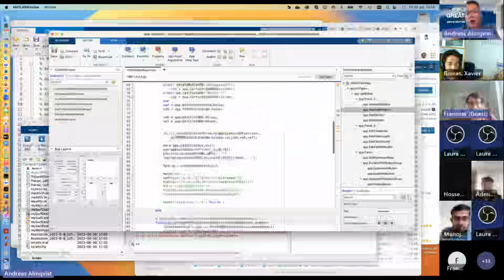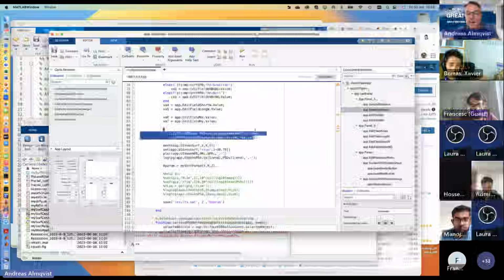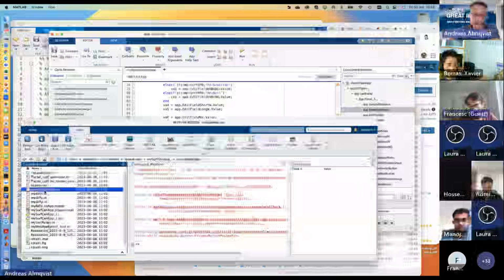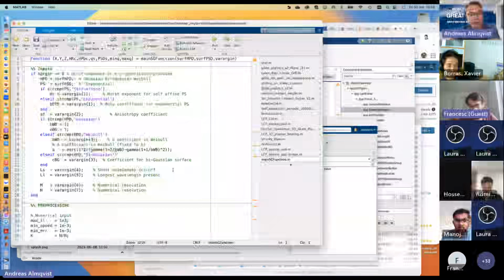And now we come to the heart of this algorithm, because it sits here. So this is what it does: the input is just placed into the main surface generator function, which of course is found here, the main SG function.